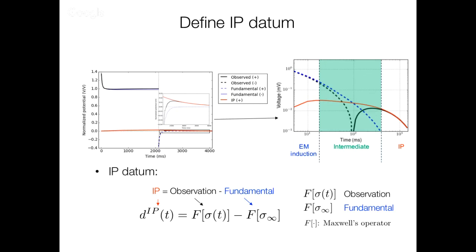The thing of interest here is this intermediate part where we've got both the EM and the IP completely overlapping. So what we'd eventually like to do is estimate this fundamental response in this region, subtract it from the observations, and just be left with this red curve here. That's our goal.